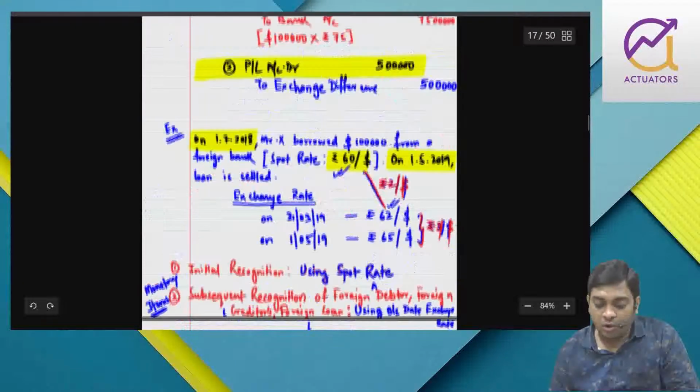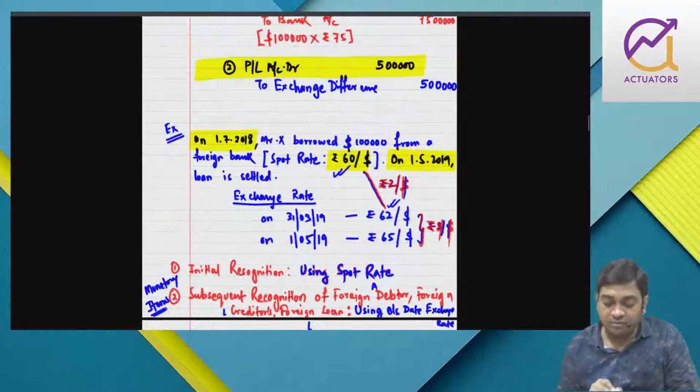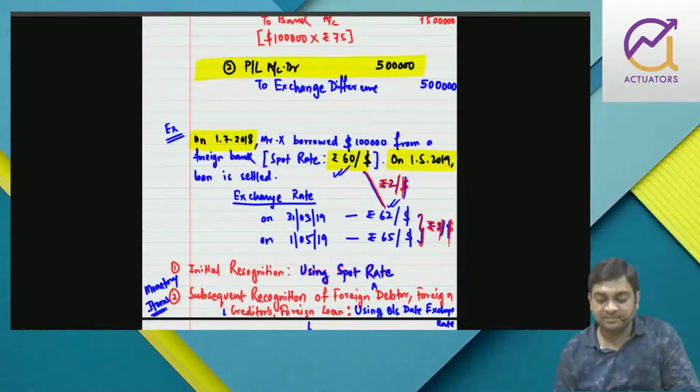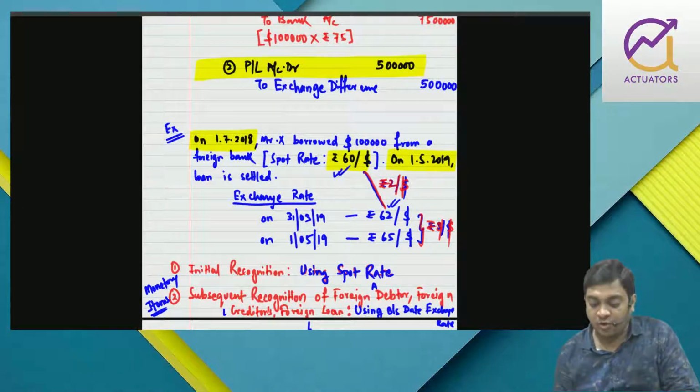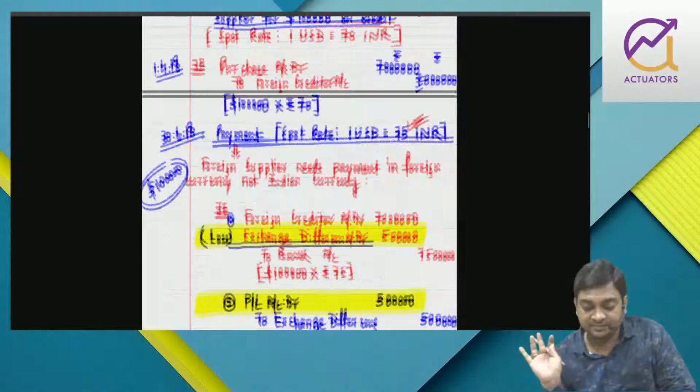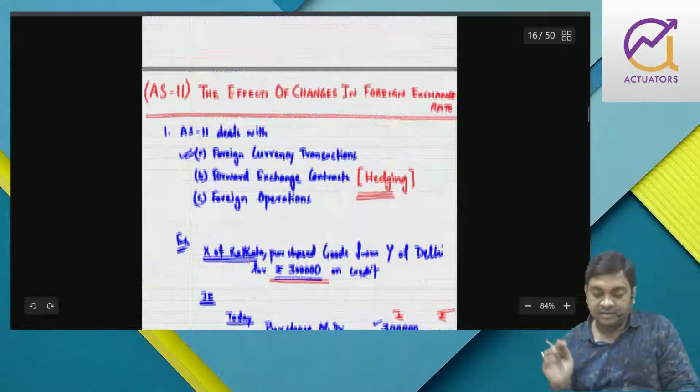So we are going to do subsequent recognition only for monetary items, that is foreign debtor and foreign liabilities, right?